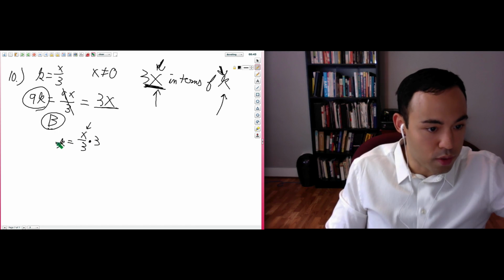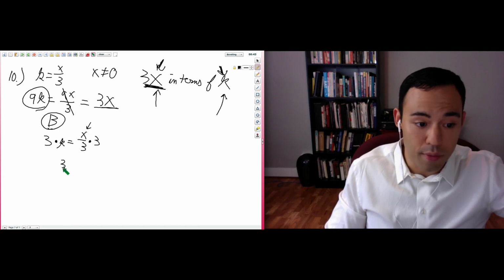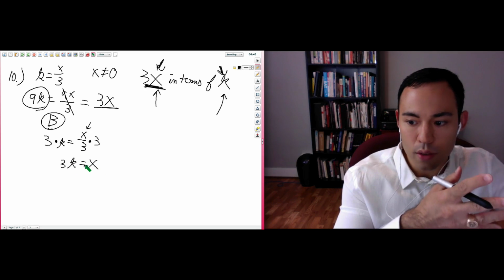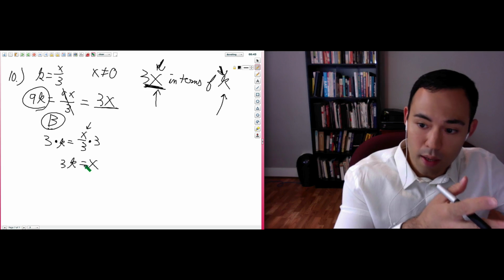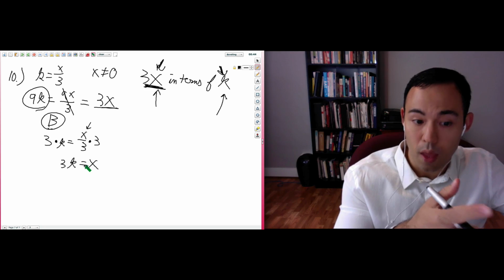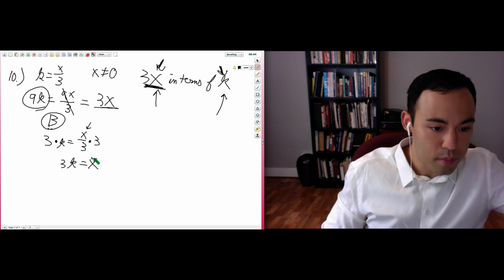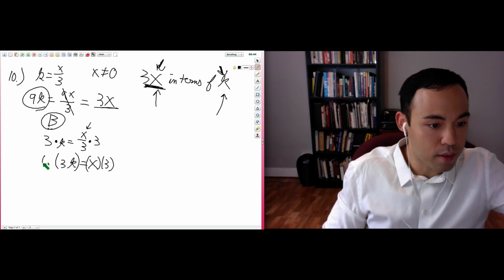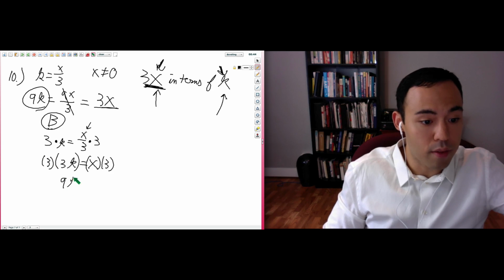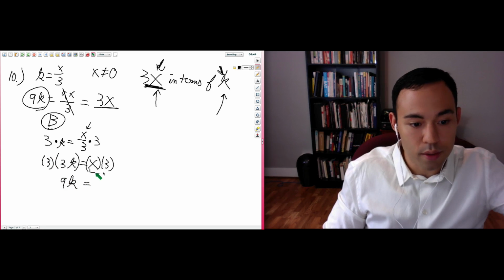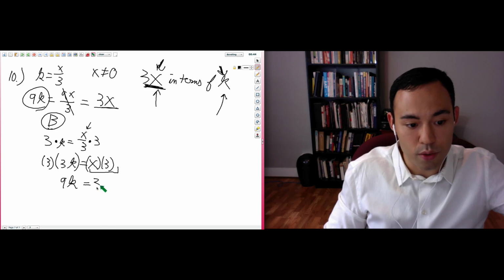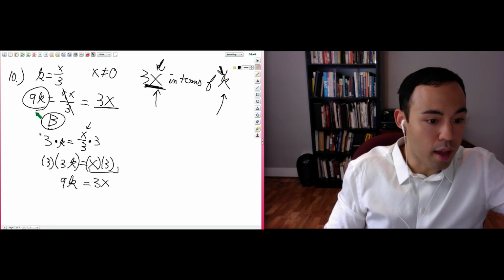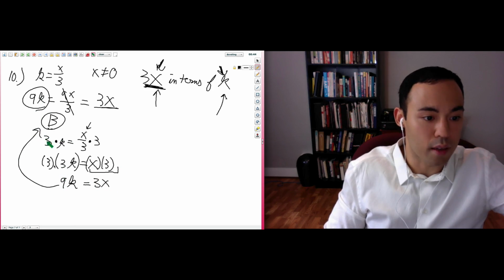I'll multiply both sides by 3, and I'll have 3k equals x. It still doesn't look like 3x, so how do I make x look like 3x? I multiply it by 3. Whatever I do to one side of the equation, I have to do to the other side. Now I have 9k equals 3x, and that leads me back to answer choice B.